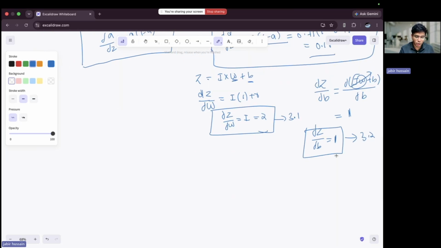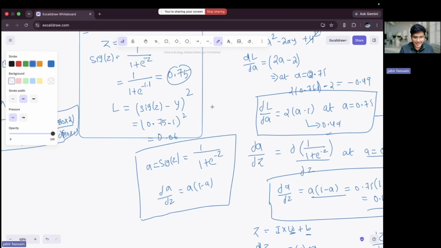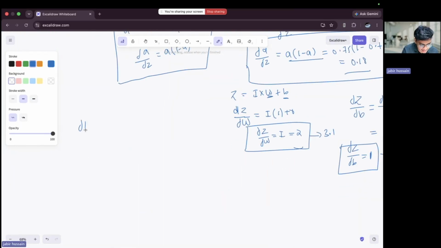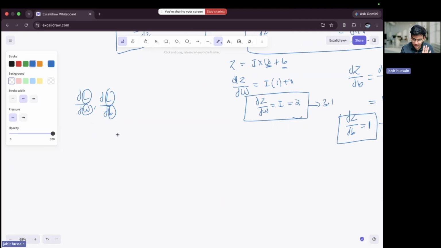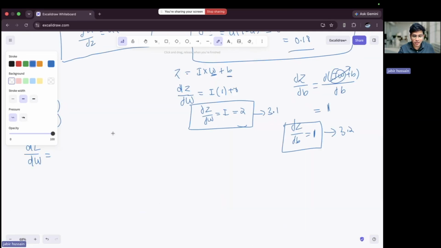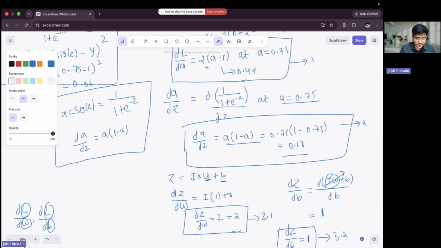Now what is our goal? Our goal is to calculate this dl by dw and dl by db. How loss is changing with respect to weight, how loss is changing with respect to bias. So can I write these equations, see these equations properly, that dl by dw is equal to, first write the last-most derivative, this thing.